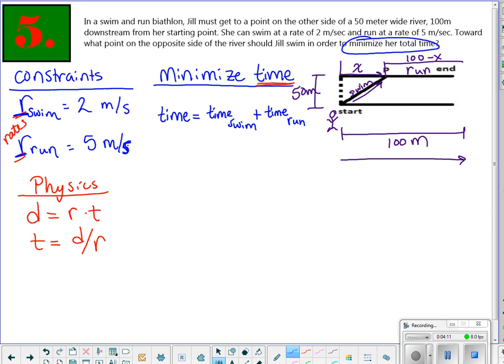I just need to know the distance. So we've got to find distance. I have a distance for the run, 100 minus x. Can we get the distance for the swimming, which is the hypotenuse? I think we've got 50 and an x, so this will be the Pythagorean theorem, won't it?